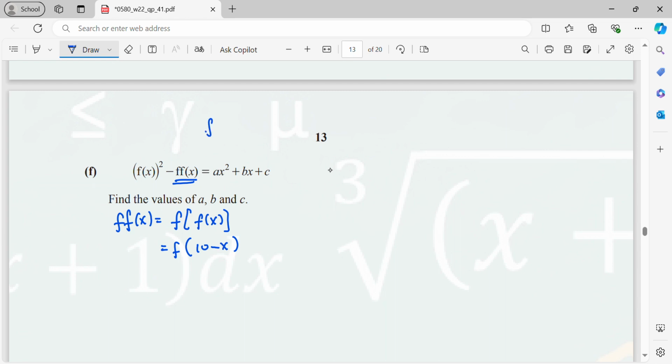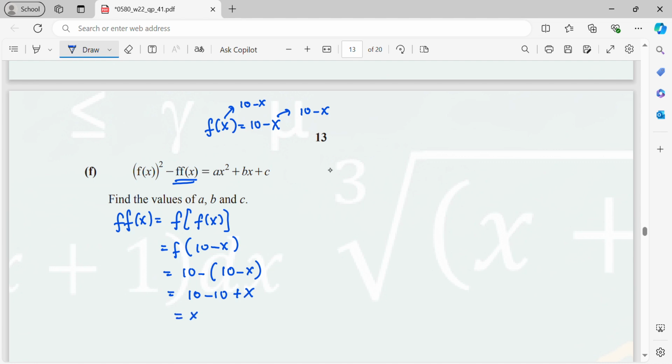So f of 10 minus x means this x will be changed to 10 minus x. So I will get 10 minus 10 minus x. When you open the bracket, that is 10 minus 10, minus minus is plus x. Therefore, it is only x.